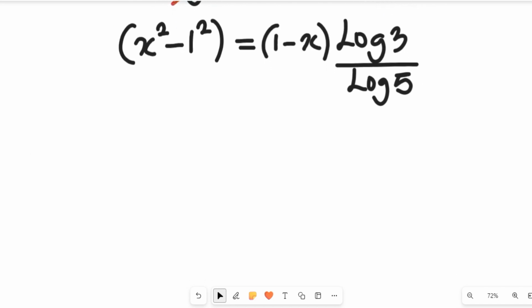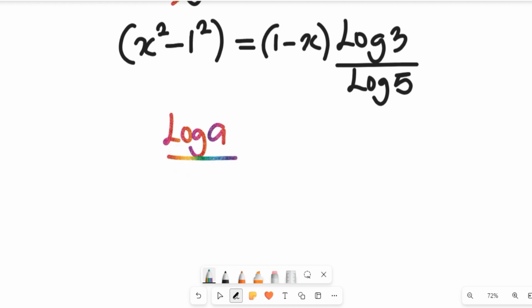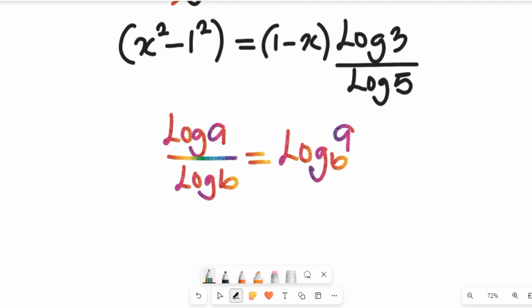So this expression will now make us recall a law of logarithm. Now if I have the log of a divided by the log of b, remember if there is no logarithm base assigned to them, that definitely tells us that they are both in base 10. So since they are both in base 10, this will give us the log of a to base b.